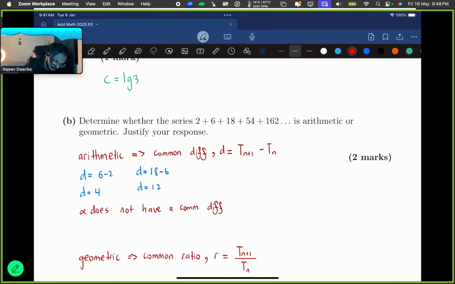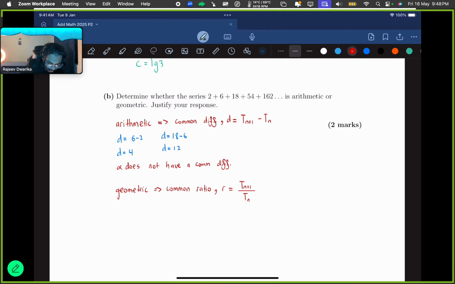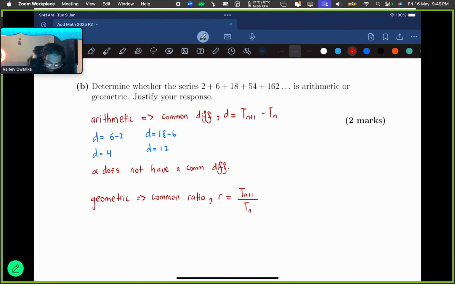Let's try it over here now. For a geometric sequence, it should have a common ratio. So let's try that. We're going to say r, so we could say 6 over 2. What is 6 over 2? 3. Let me try some other terms. 18 over 6, what's that? 3 again. We get the same thing.